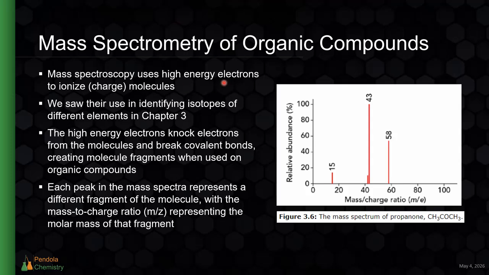In the past, in chapter 3, we talked about mass spectrum for isotopes. We talked about how in a sample of an element, we use mass spectroscopy, which uses high energy electrons, to ionize a molecule.